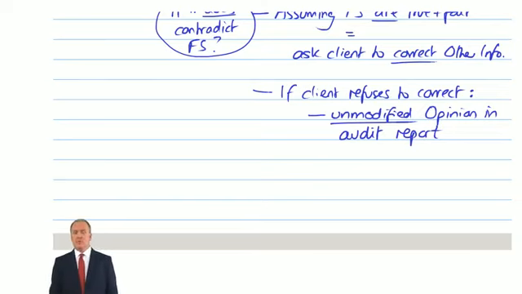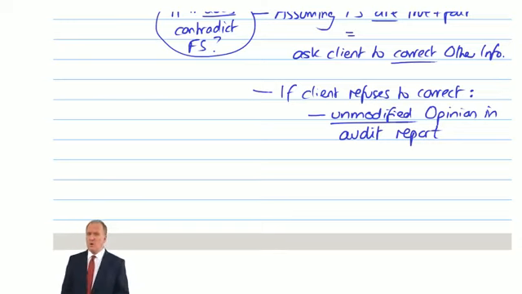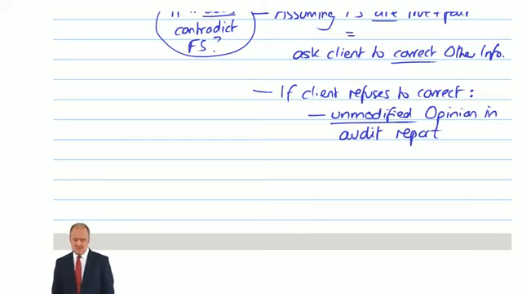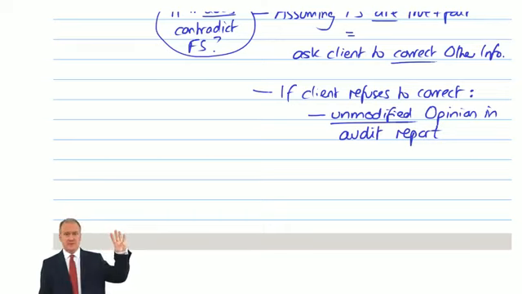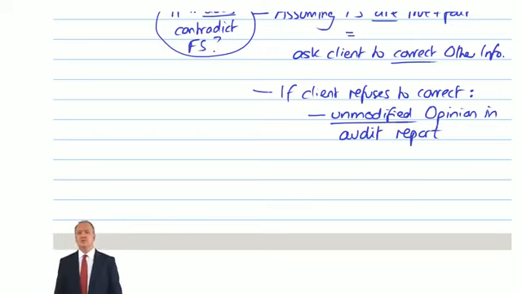We did audit reports on tuition right at the end. I wonder if you can remember that there were 7 possible changes that can be made to an audit report. 4 of them are about modifying the opinion, and we've just said we're not doing them. We've got 3 left, and those 3 are additional paragraphs that can go in to an audit report without changing the opinion.